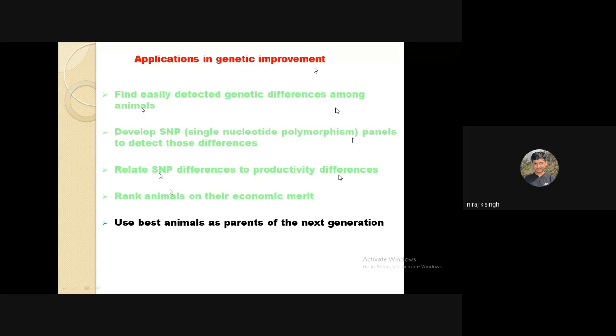After making relations between the SNPs and the production differences, we can select the animals with high genetic makeup, which will in future produce high performance. Subsequently, these selected animals can be used for breeding purposes. So only high genetic material will be used for breeding, and low quality genetic material will automatically be culled.